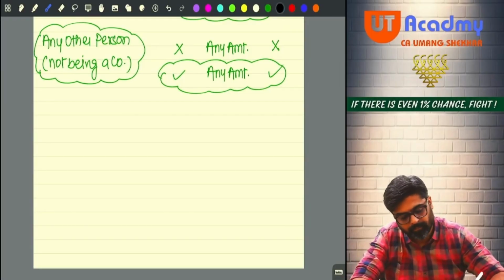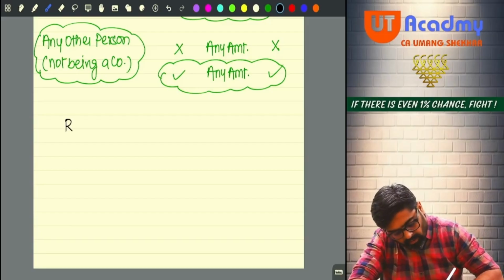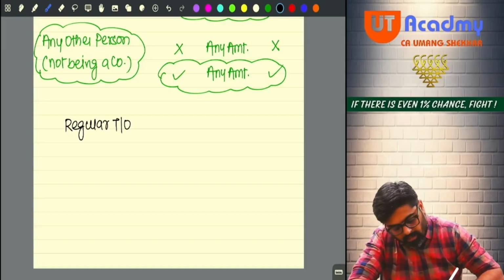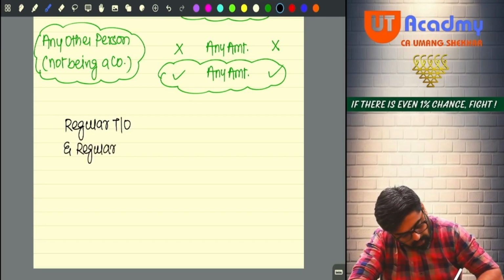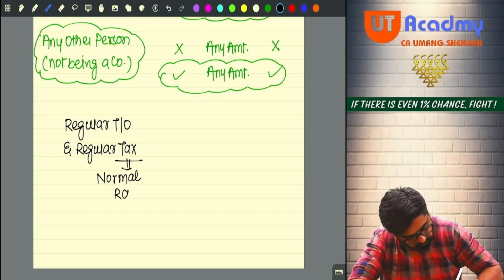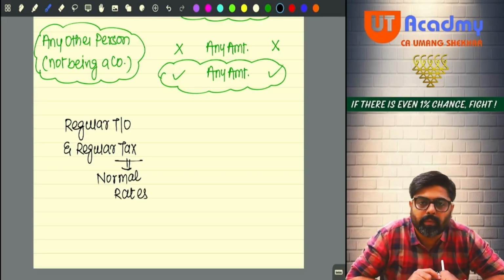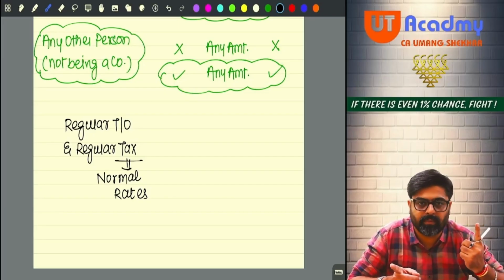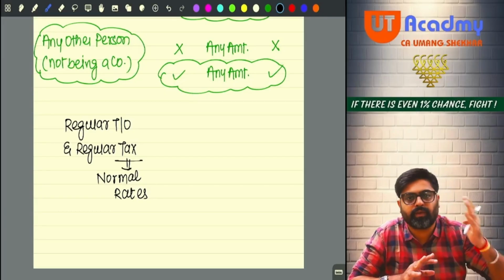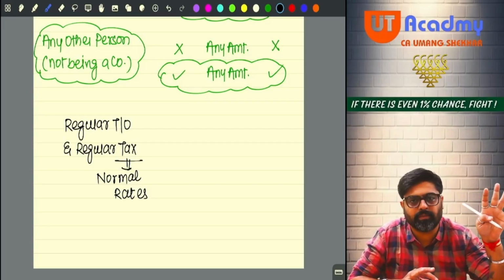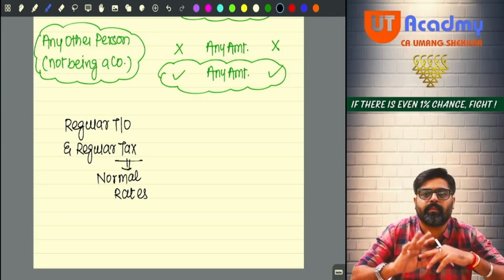Now what is happening is that when you calculate your regular total income and on that you calculate your regular tax by applying normal rates. Because if you are applying 115BAC rates, meaning you are covered by 115BAC, you are not shifting out, you are covered in the default tax regime, then definitely AMT provisions are not applicable for you.